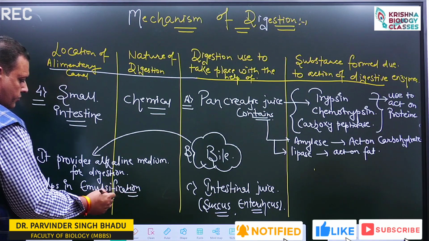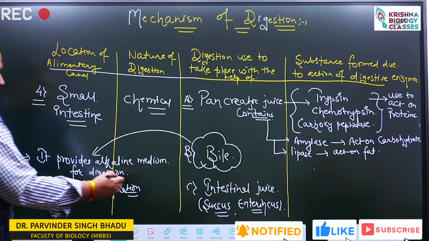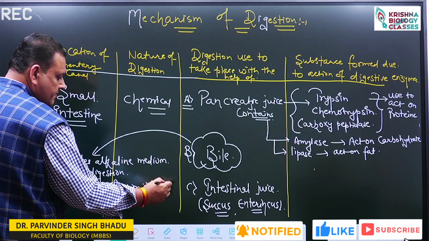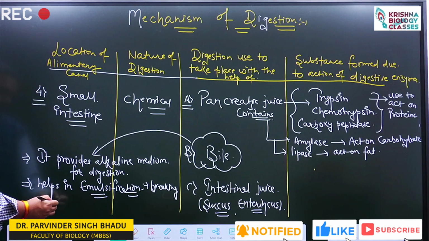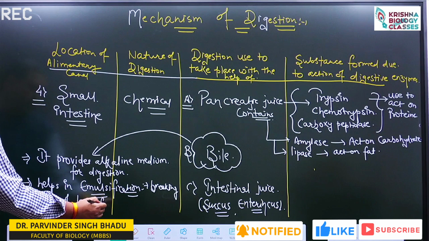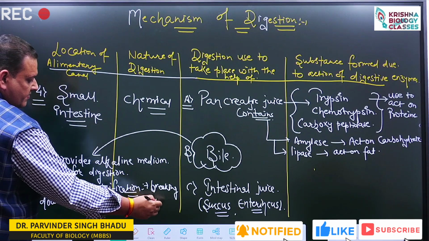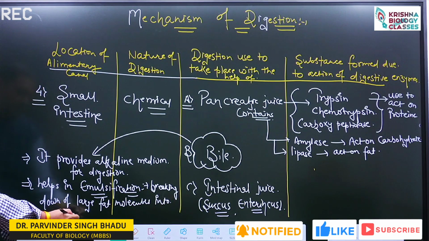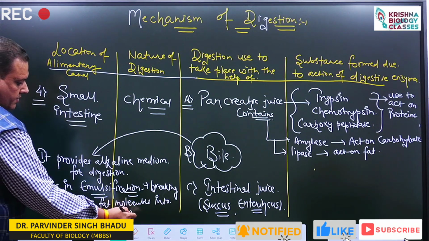Several times questions used to come: explain the process of emulsification. What exactly is it? Breaking down of large fat molecules into smaller fat molecules.